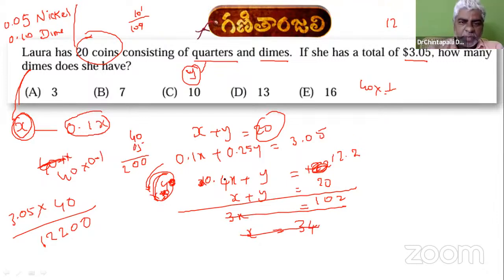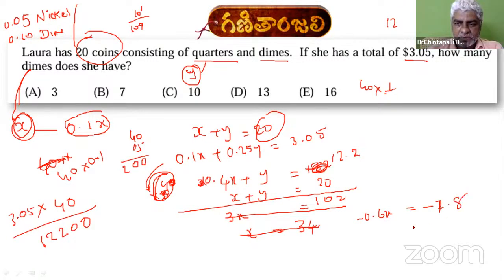Now subtract 0.4x minus x. 4 minus 0.4 minus x. 0.4x minus x is minus 0.6x, is equal to 12.2 minus 20, negative 7.8.